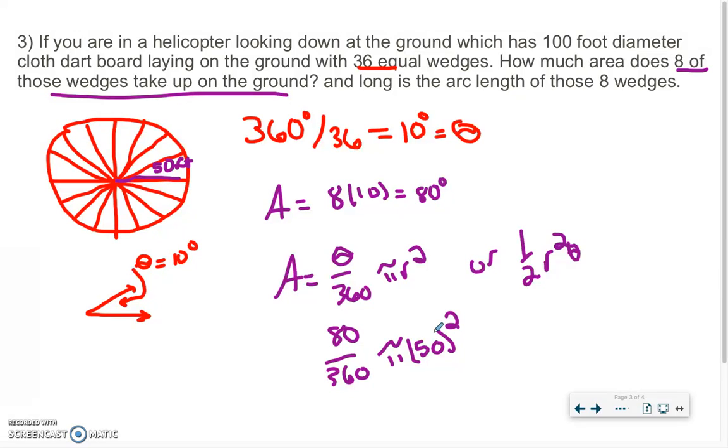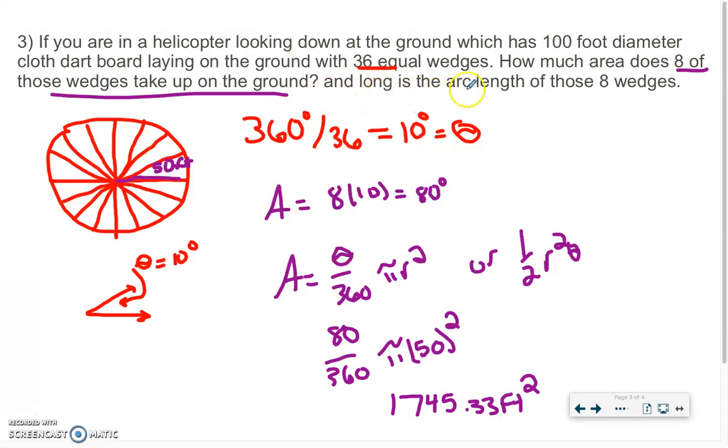So 80 times pi times 50 squared, and then dividing by 360 gives you an area of 1,745.33 feet squared. So that's the area that you have a chance of landing at.